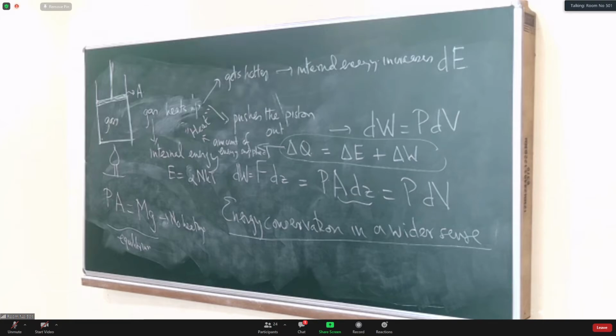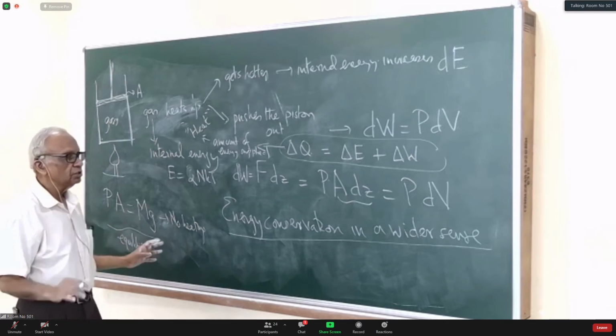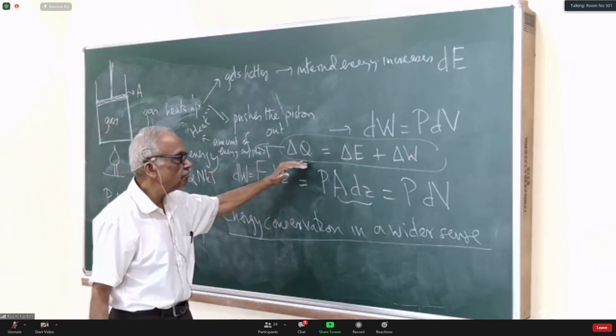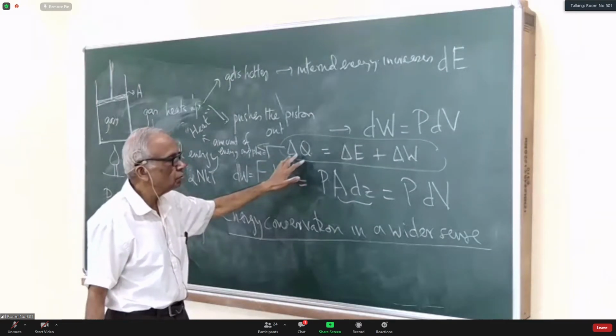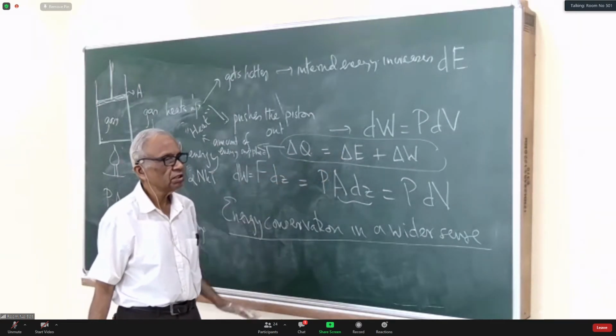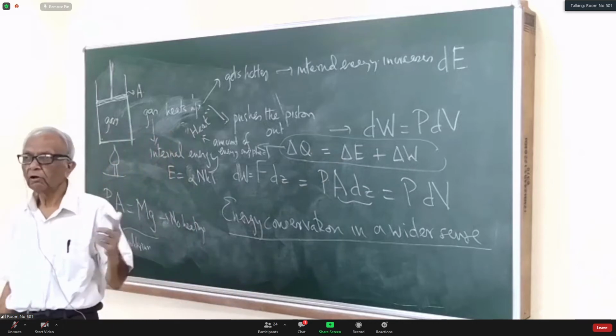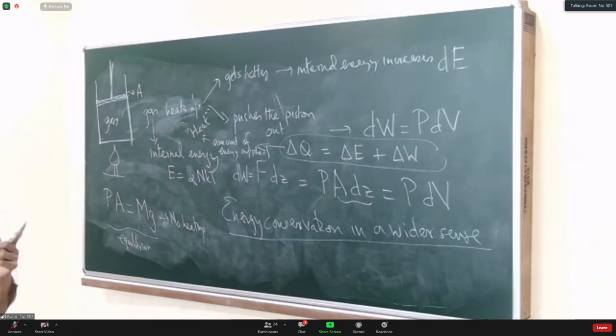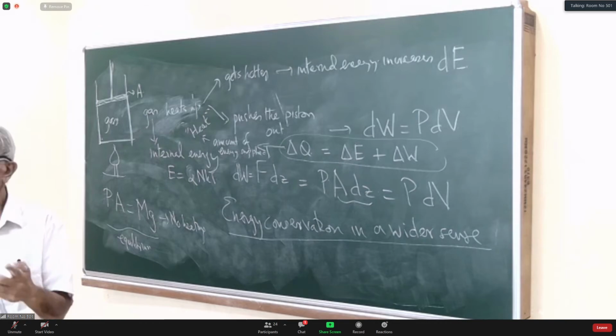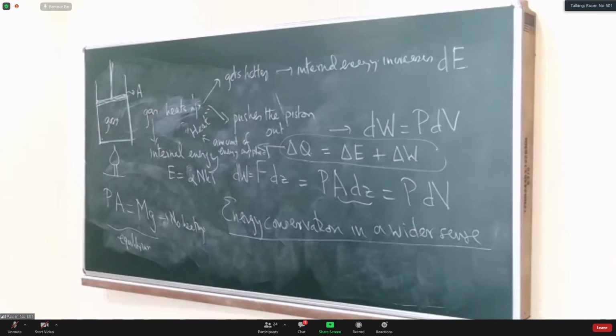The total has to have some name because it came from that flame over there. The flame supplied it, and therefore you call it heat energy, and conservation laws have to be in force. So delta Q has to be delta E plus delta W, which ironically is called the first law of thermodynamics, written down 30 years after the second law.